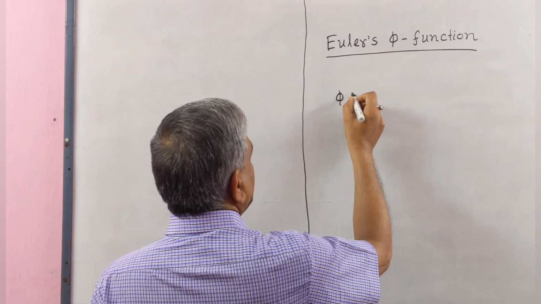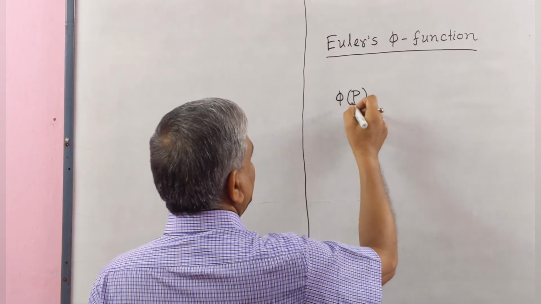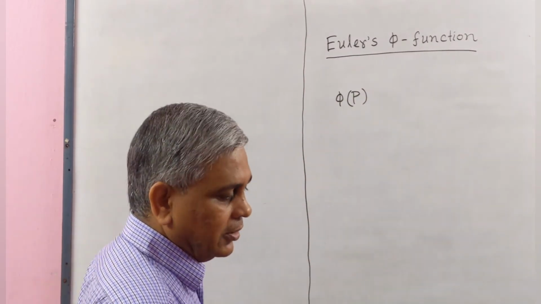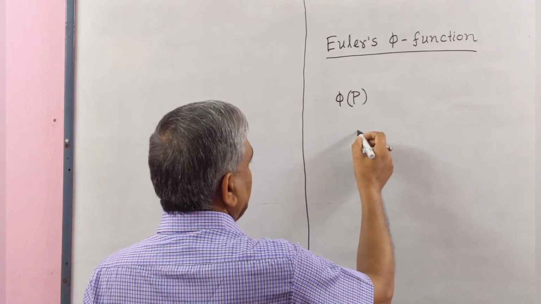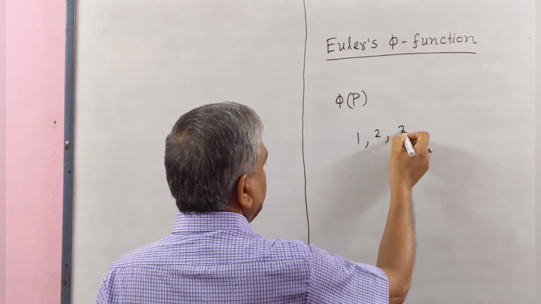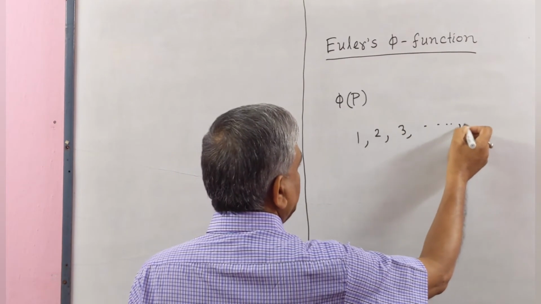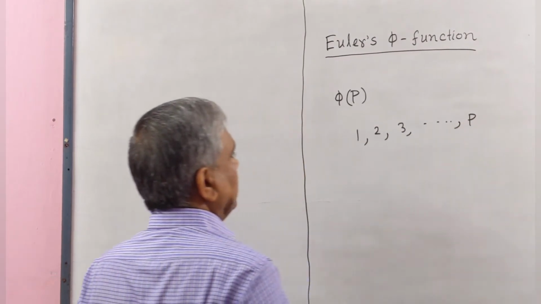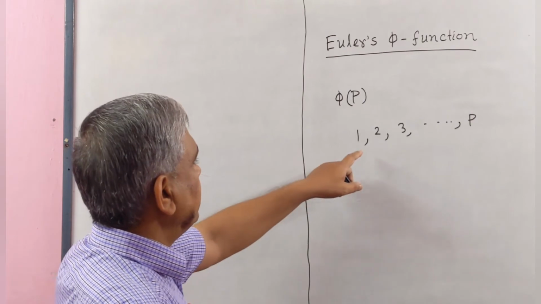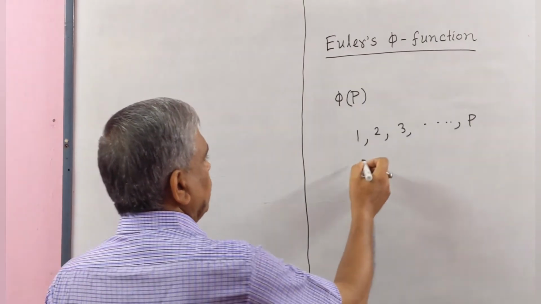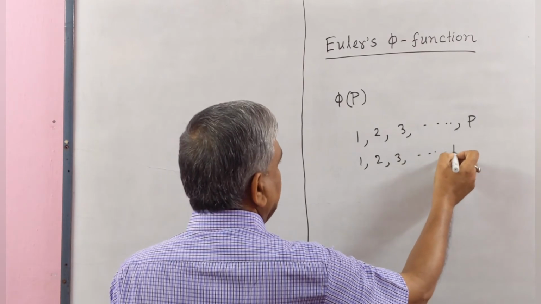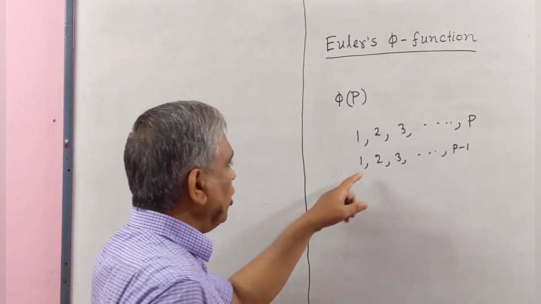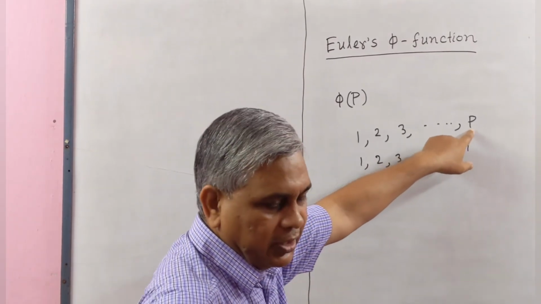Now we find Euler's phi function of a prime number. Let p be the prime number. We find phi p. Positive integers not exceeding p are 1, 2, 3, ..., p, in which 1, 2, 3, ..., p minus 1 all are prime to p.